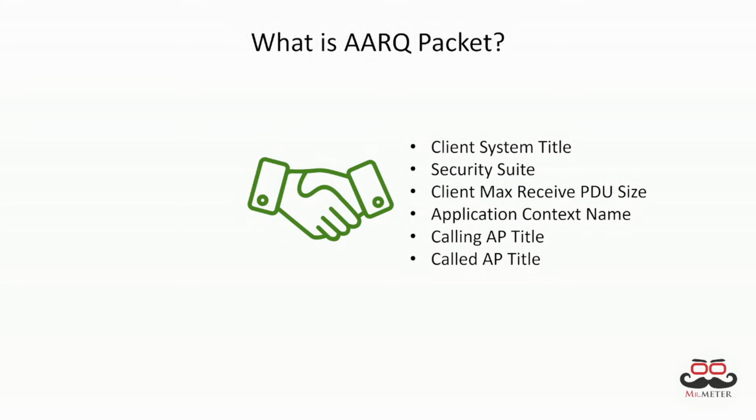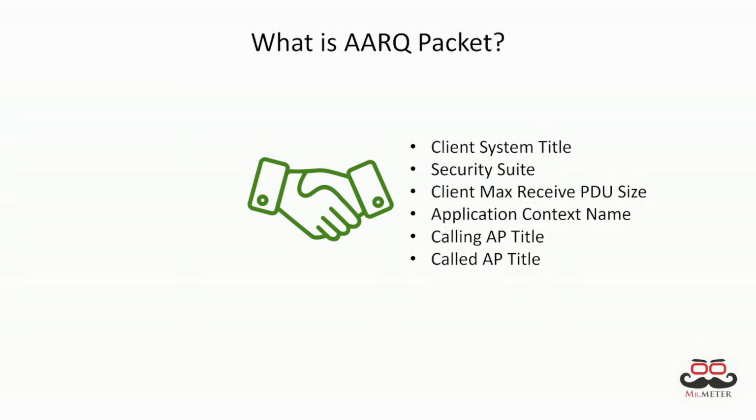Security suites describe the encryption and the integrity protection methods supported by the client. The client max receive PDU size indicates the maximum size of data packets the client can receive. The application context name identifies the specific application context, usually COSEM, for this communication.